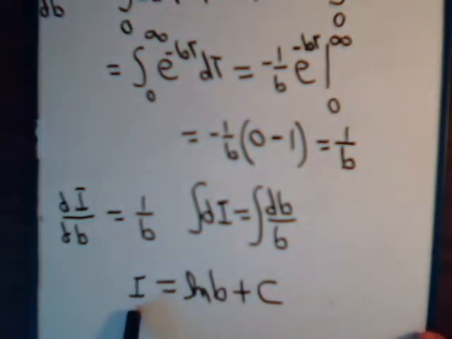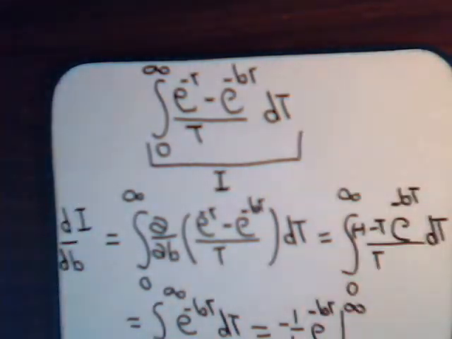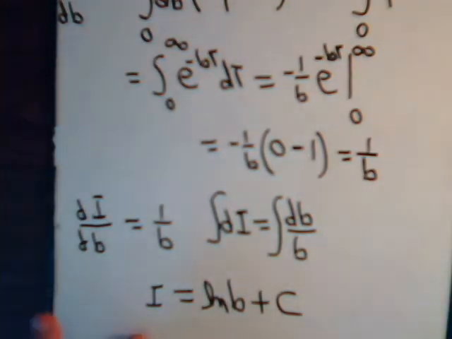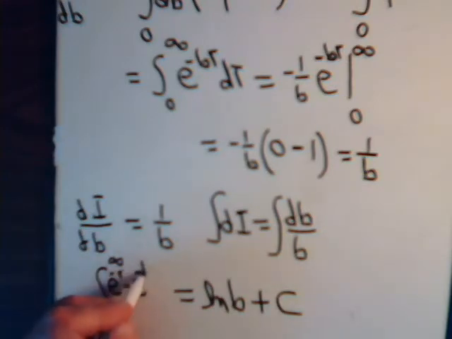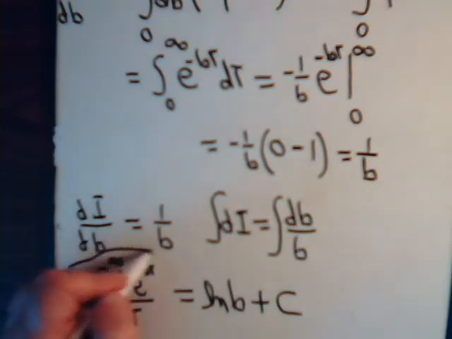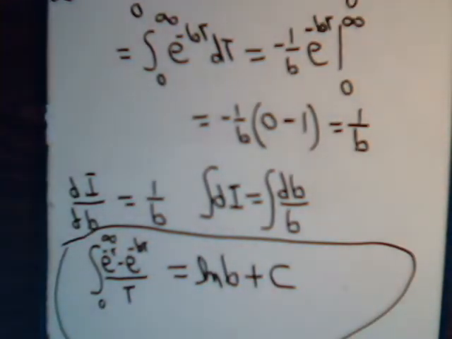But what is this variable I, what we've been treating as a variable? It's that integral. So let's write this down here in place of I, and now we have an expression for what this integral is equal to.